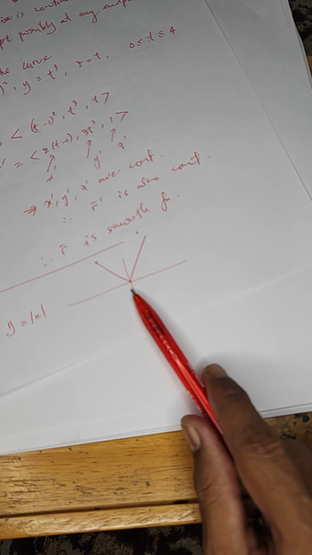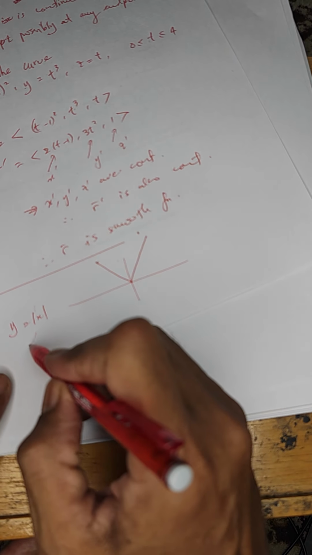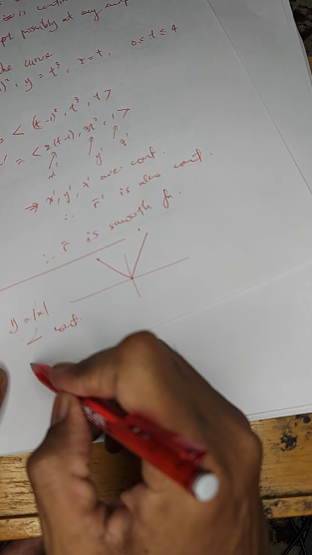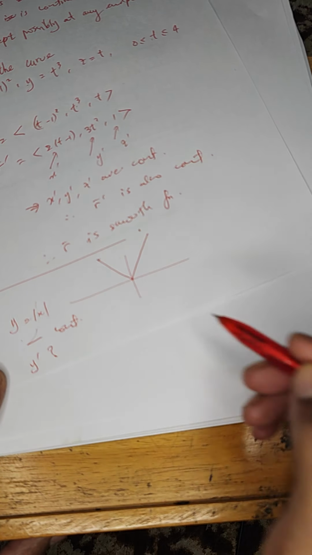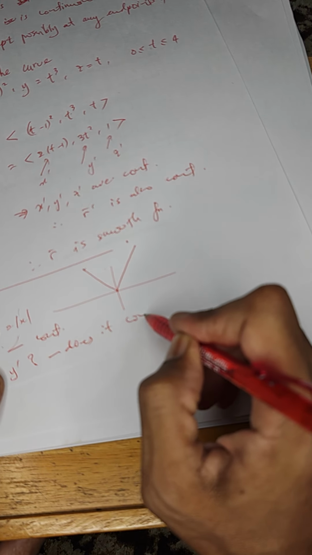So it means it's not smooth. For this function, y itself is continuous. But what about y prime? Is it also continuous? I believe you have gone through this.